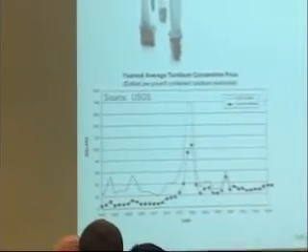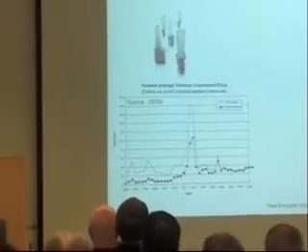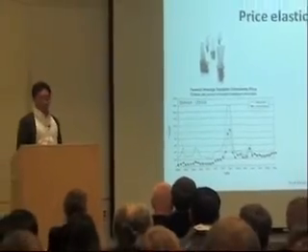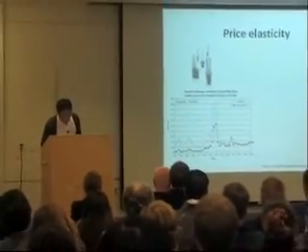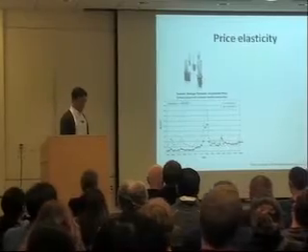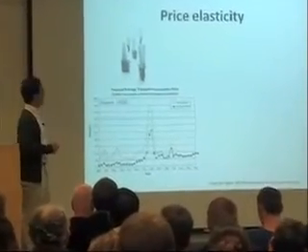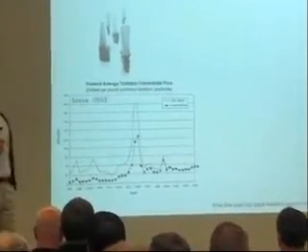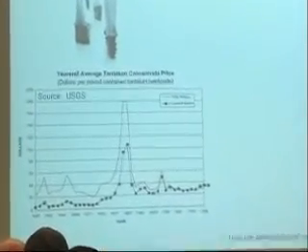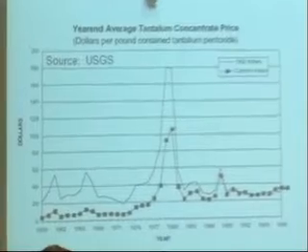Another interesting characteristic about these materials is a very unique price elasticity response. This is an example of tantalum. Tantalum is used for a variety of different applications. One of them is superalloy. This particular example is for turbine blades.